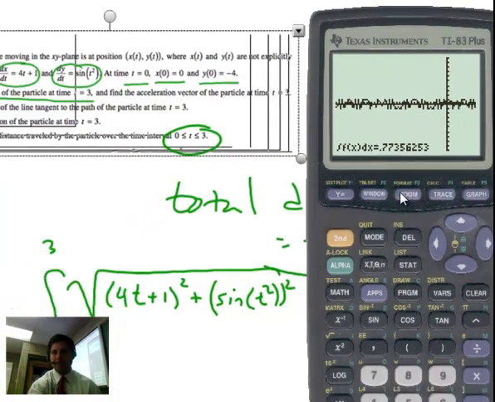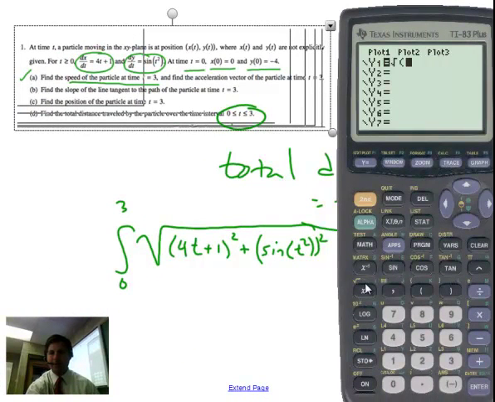We get the square root of, and be careful with your parentheses here, 4x plus 1 squared plus sine of x squared squared, and then close the parentheses.